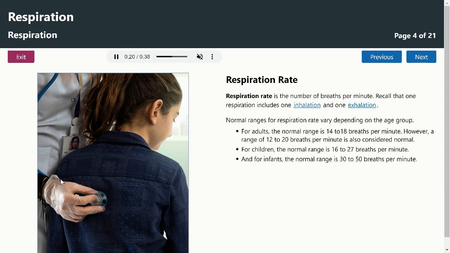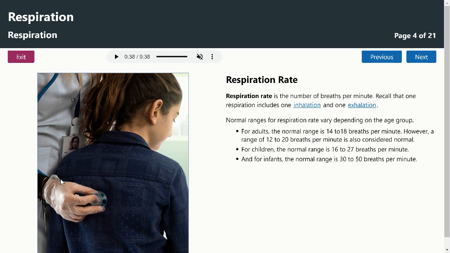So normal ranges for respiration rate vary depending on the age, just like how pulse or heart rate was determined, we have a range for each age. So adults normal range is 14 to 18. However, a range of 12 to 20 is also considered normal. 12 to 20 is like the standard. That's what we go by, 12 to 20.